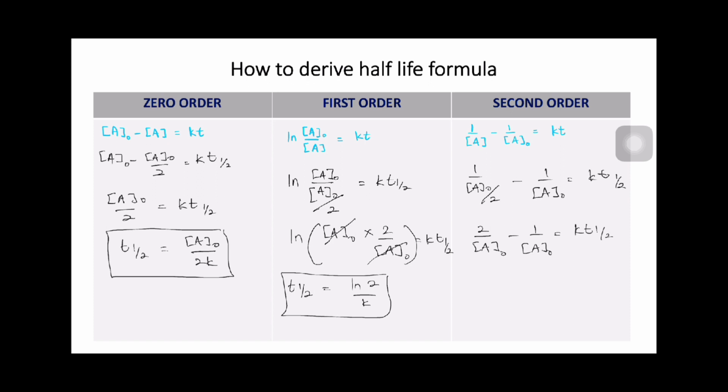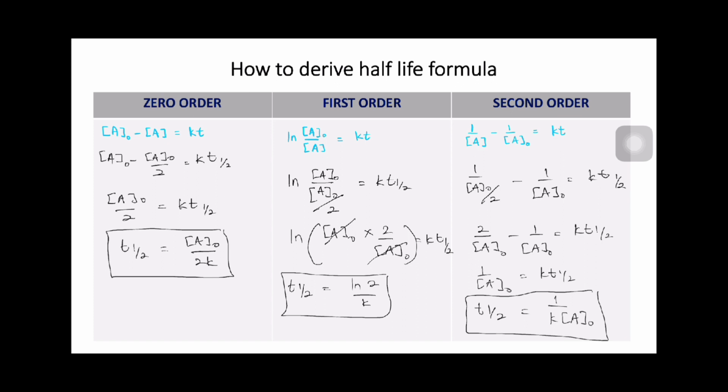Then you will get 1/A0 is equals to KT half. So T half is equals to 1/KA0. So this is the half-life formula for zero order, first order or second order.